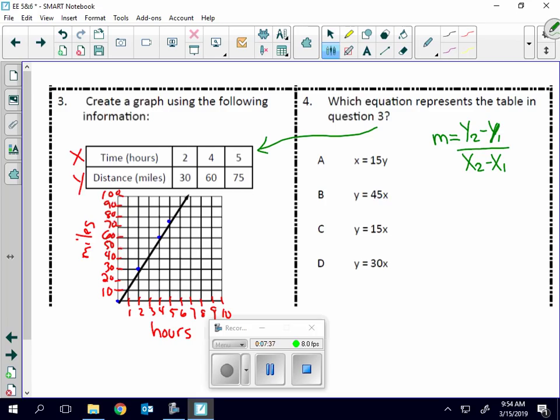So if this is my first x here, my second x, and my first y and my second y, I can just plug those in. y2 minus y1 over x2 minus x1.